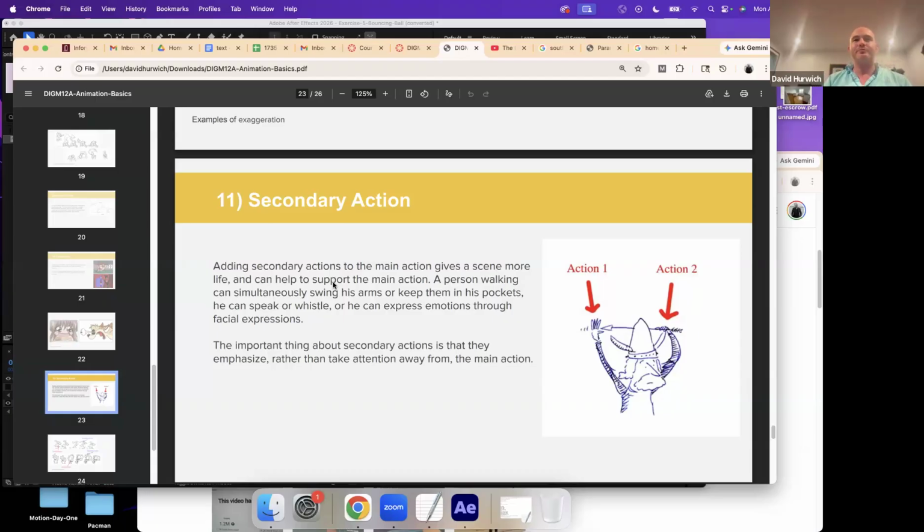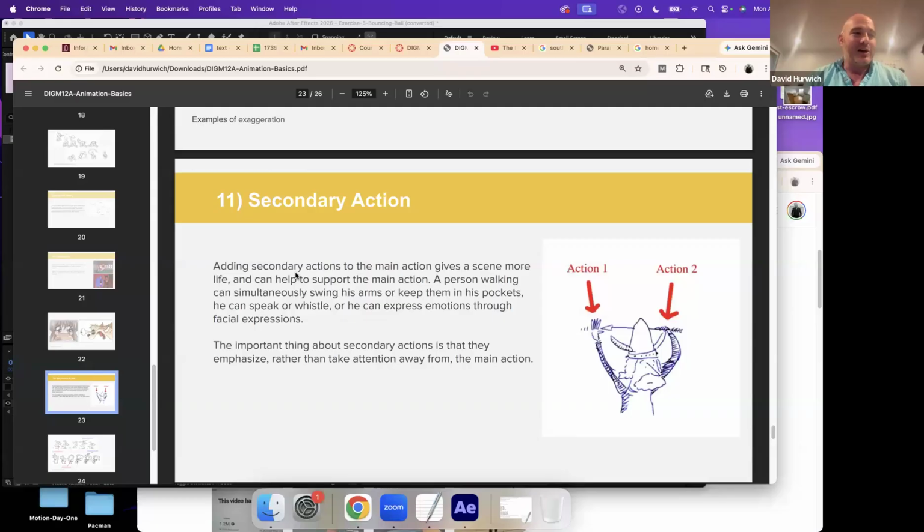So, for instance, if I'm a character and I'm doing this, this is the main action, but maybe I want the arm to move. Maybe my head is going to slightly turn. And that slight turn emphasizes the main action and makes it feel more expressive.